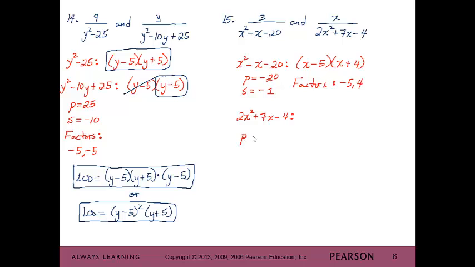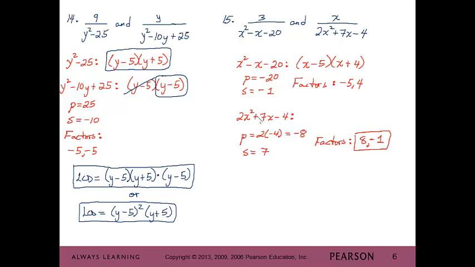This time the product is 2 times negative 4, which makes it negative 8. And the sum is 7. So now you need the factors of negative 8 that will add and give you 7, and they are 8 and negative 1.